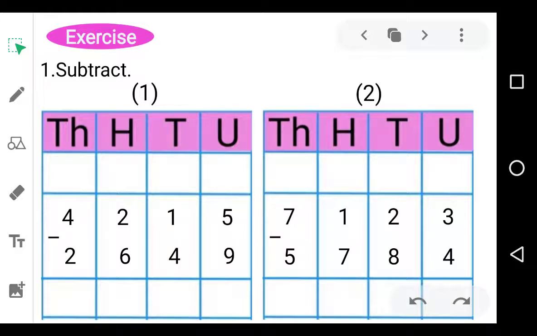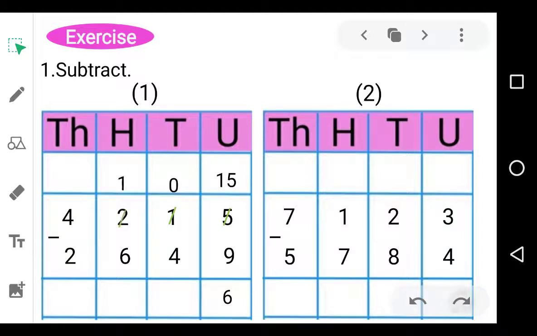See at the unit place. At the unit place we have 5 and 9. We cannot subtract 9 units from 5 units. So borrow 1 from the tens place. At the tens place we have 1. So it will be 0, and 5 at the unit place is 15. Now 15 minus 9 is 6. Now at the tens place we cannot subtract 4 from 0. So we borrow 1 from the hundred place. At the hundred place we have 2.